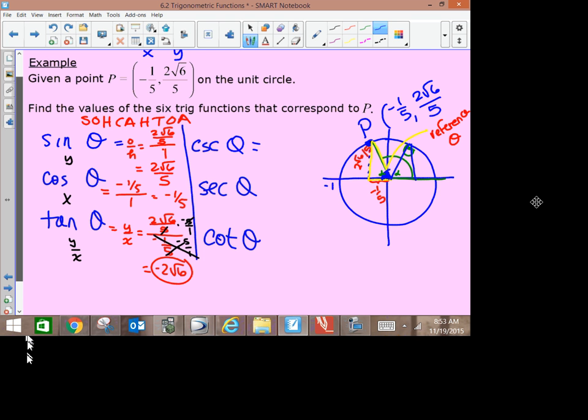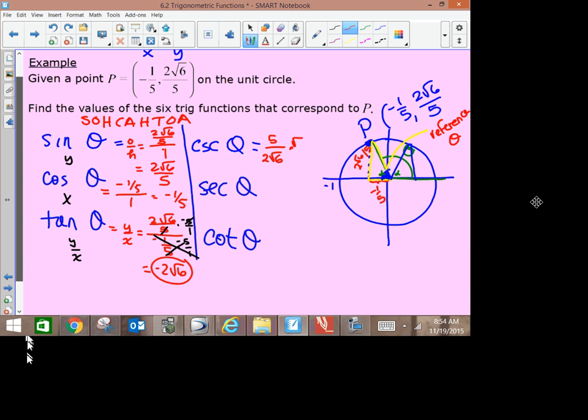And remember, you're not supposed to have a radical in the denominator. It wasn't my idea. Somebody decided that was a bad idea. So when we flip this around, we're going to get 5 over 2 radical 6. And what happens when we get rid of the radical on the bottom?